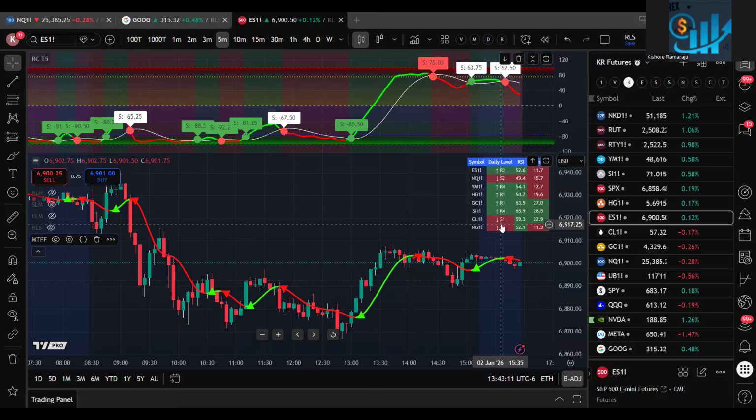If, let us say, NQ is at S2, RSI is below 50, and strength is around 20 or more, that is a good one to short. So out of 10 or 12 tickers, you know which is the best ticker to focus on, and you can make nice profits.